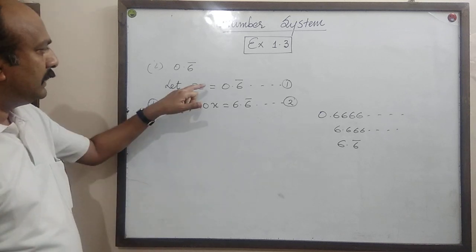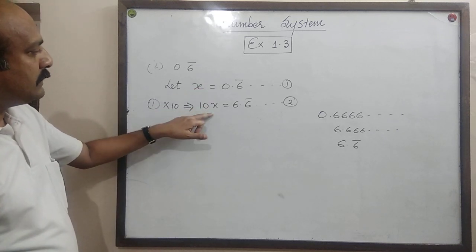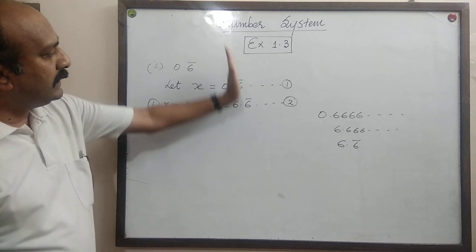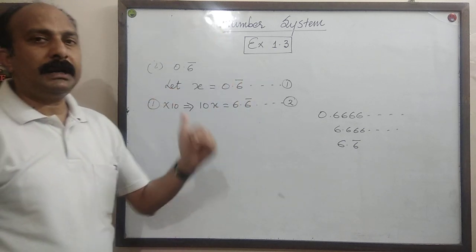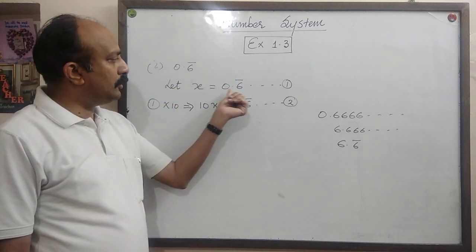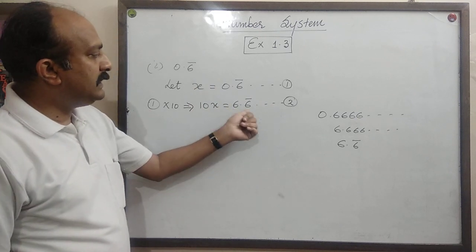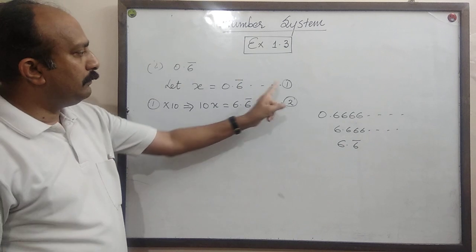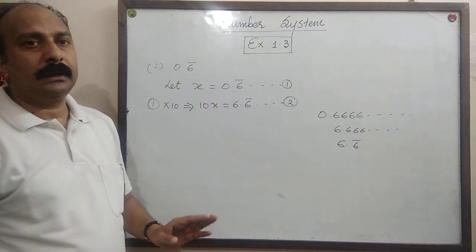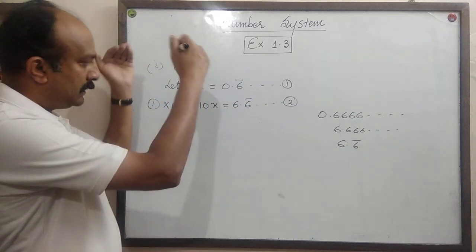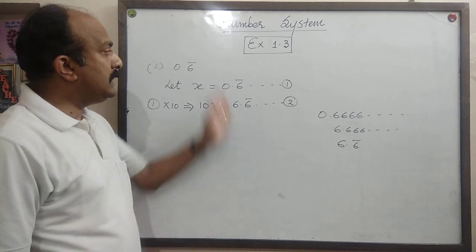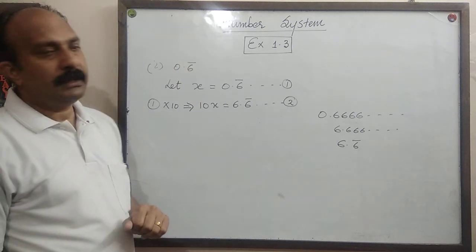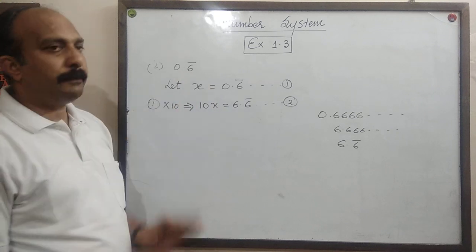Now you can see in equation number 1 and equation number 2, after the decimal, the bar part is the same. Here it is 0.6 bar, here it is 6.6 bar. Once the bar part in both the equations is equal, we can eliminate this 6 bar part.